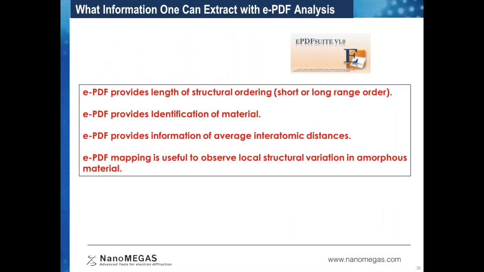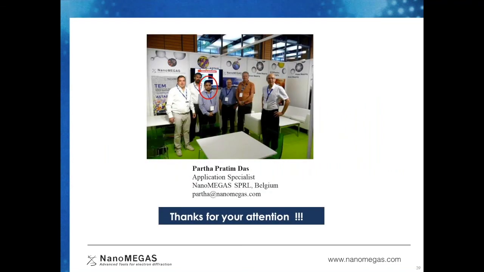To summarize, ePDF provides much information: the length of the ordering, and materials identification, and using ePDF mapping, you can observe variations in structural changes in amorphous materials, or any in situ process in an amorphous material. So that's the end of my presentation.